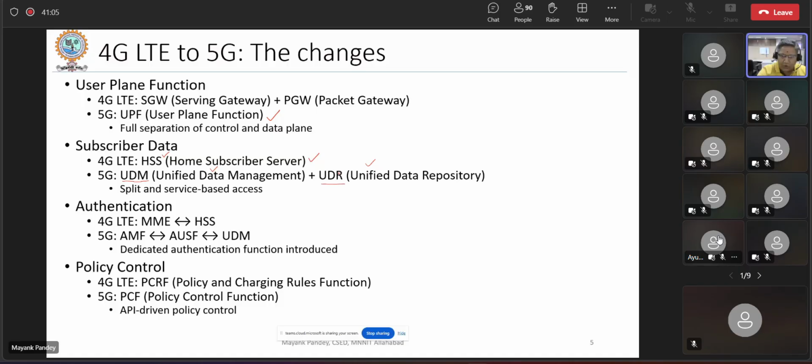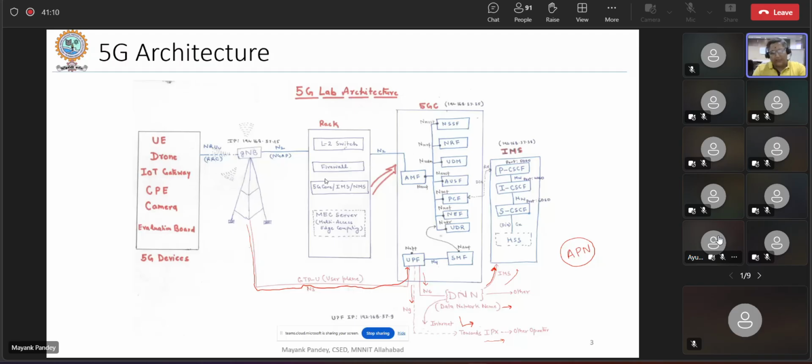Here, one point I want to tell you, and this is most important. In this figure, you might ask me a question, sir, you are still using Diameter and the Rx interface. Here again, you are using Diameter and the Cx interface. Now I'll tell you, the 5G core has been reinvented, but IMS is not reinvented.